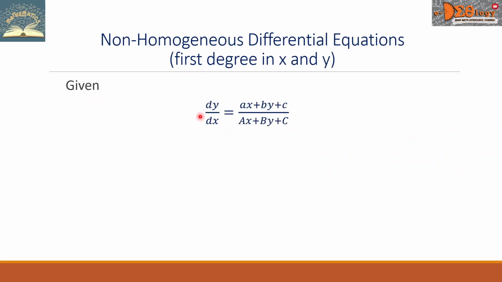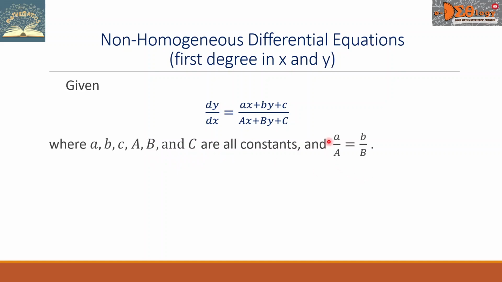Given dy over dx equals (small a x plus small b times y plus c) all over (capital A times x plus capital B times y plus capital C), where small a, small b, small c, capital A, capital B, and capital C are all constants, and small a over big A is equal to small b over capital B.